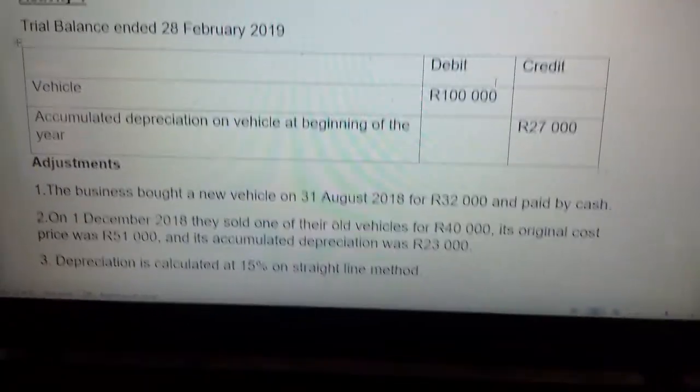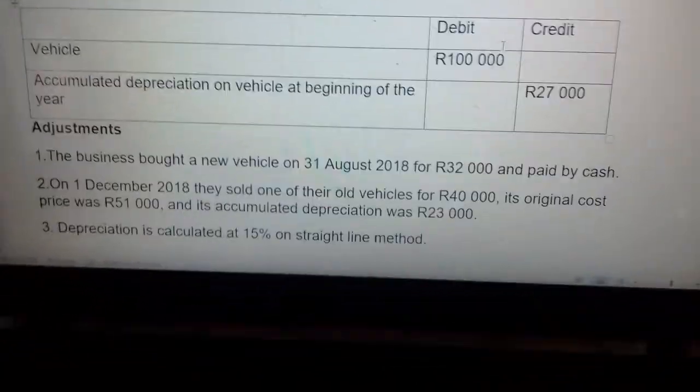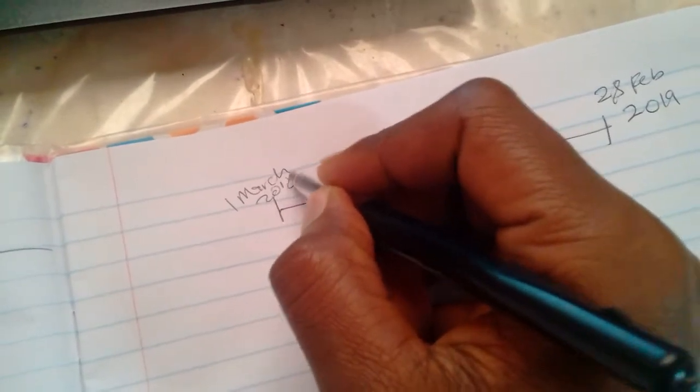Another important part: when you are busy attempting this question, please don't forget the timeline is a very important tool. Please draw your timeline. We have 28 February 2019 as the end of the financial year. It means our year commenced on 1 March 2018.